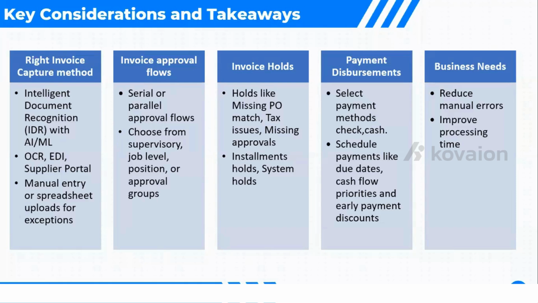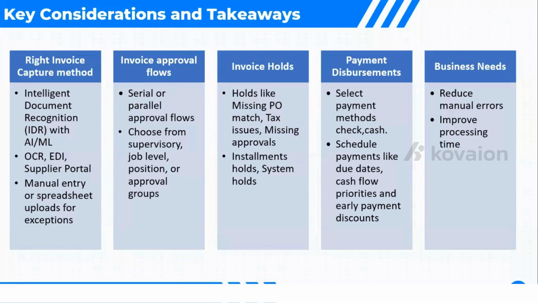Or else you can form approval groups, which basically consist of 3 to 4 users, allocated in one role, and we can configure that role and allocate it to all the users. So any one of the approvers can approve the invoice, so that also can be done from the invoice approval flows. And based upon the job role and the position also, we can set the invoice approval flows.